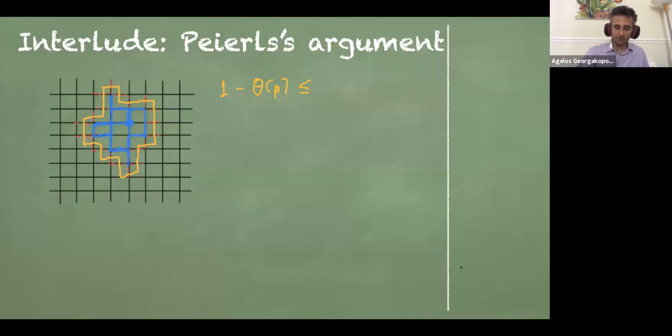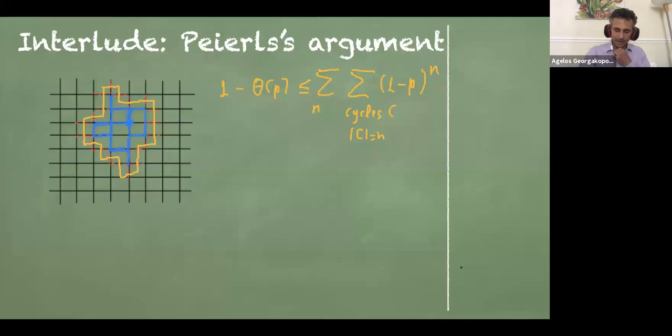I'm using the union bound, adding over all cycles C. And let's again decompose according to the length of C. So I'll write here the probability that C will occur. In other words, all its edges in this dual picture, or rather all these red edges, are closed. So if my cycle has length n, and each edge I insist on it being closed, I get this expression.